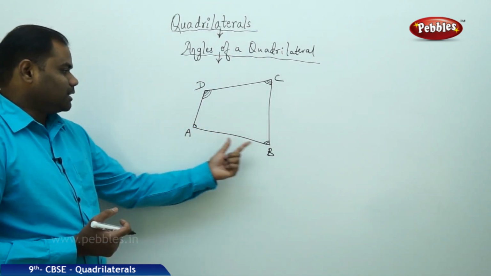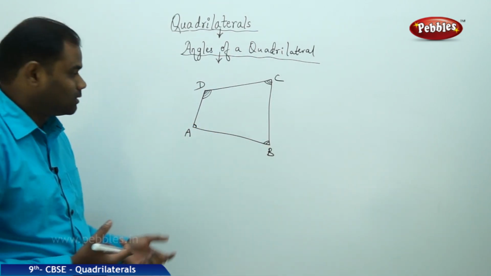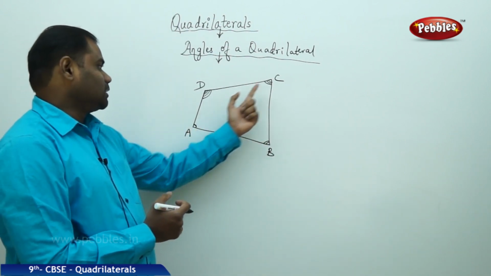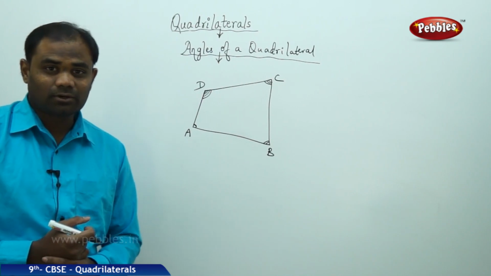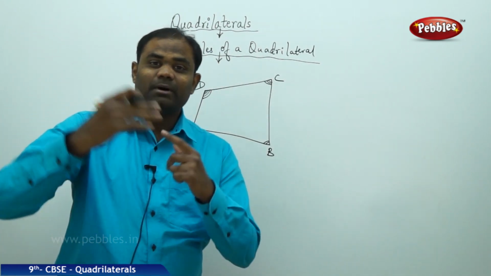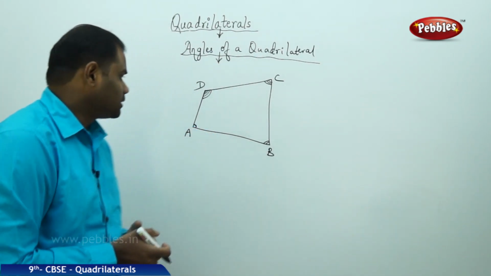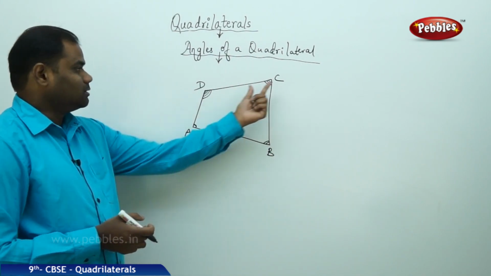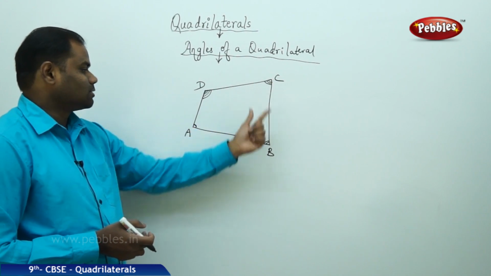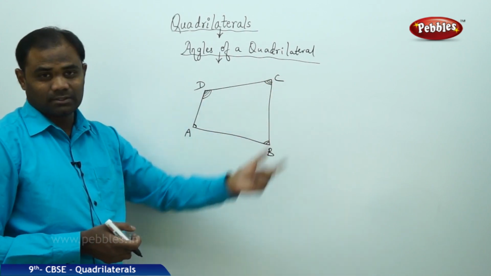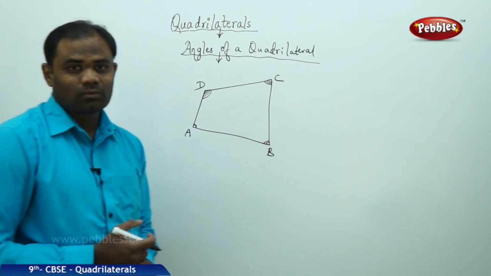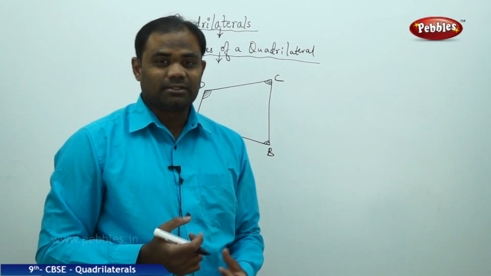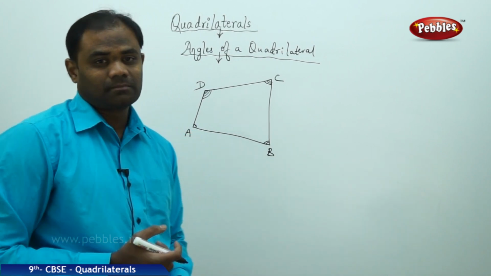As we see, angle A and B are side by side, or beside each other. But when I take angle A and C, they are not beside each other. They are far apart. Therefore, I make a connection between this and this angle, and this and this, or this and this. So we will try to see the different types of angles which exist in a quadrilateral.